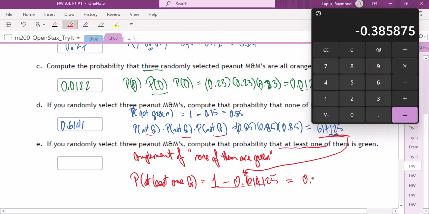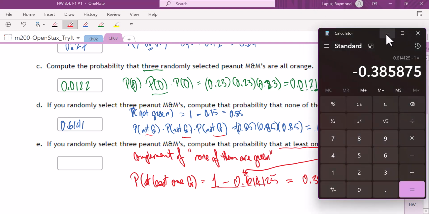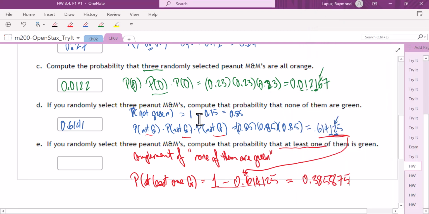So that's 0.385875. By the way, I know it says negative up there, but we can just not worry too much about that. Okay, this is our result, rounding to 4 digits, 1, 2, 3, 4. We look at this, this is a 7, bigger than 5. So I'm going to add 1 to 8, so 0.3859.